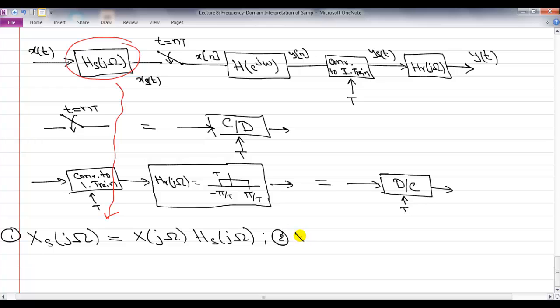We know that x of e to the j omega is simply equal to scaling of the amplitude by 1 over t and multiple copies of the input, and the input is now xs, and scaling of also the frequency axis by a factor of t, so omega minus 2 pi k over t.